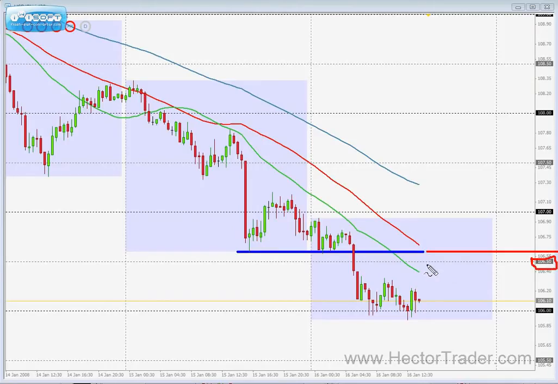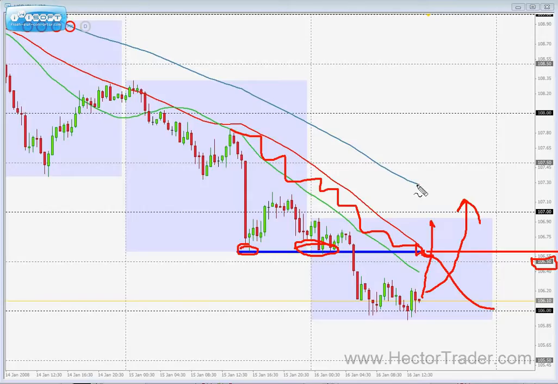106.60 to be exact. If price reaches above that level, if we break above that level, not only do we break above yesterday's low, moreover we break above the dynamic area of resistance, and we would be nearing the 100 moving average, which, as you guys know, is a big signal of weakness as far as my system goes.